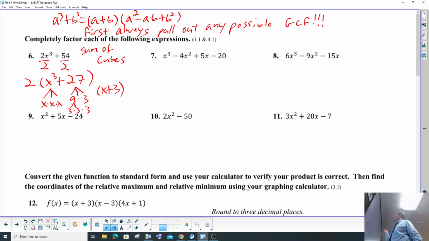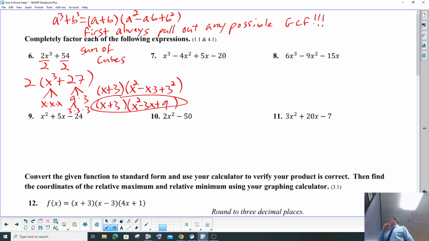That's our formula that we're plugging into. So a squared becomes x squared minus x times 3 plus 3 squared. And so there we go. So that's going to be x squared minus 3x plus 9. Way-o! And there's our answer.